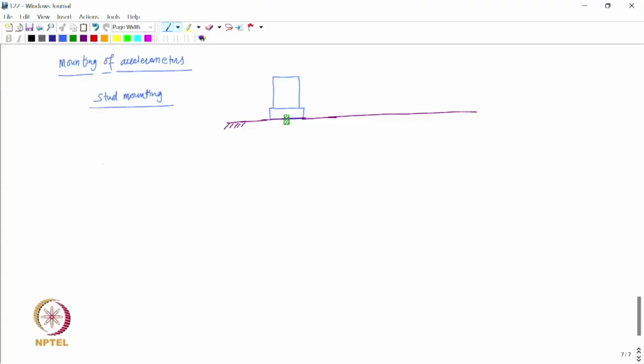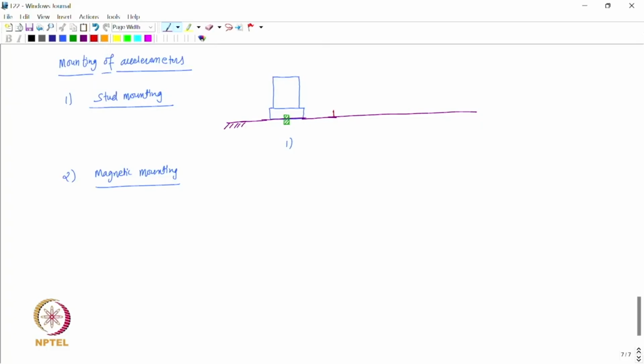Then we have magnetic mounting. So, let us call this method 1, then we have 2. In magnetic mounting a magnetic base is used, over which the accelerometer is mounted.